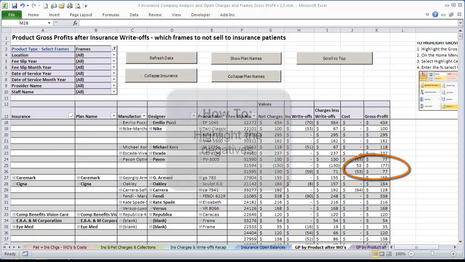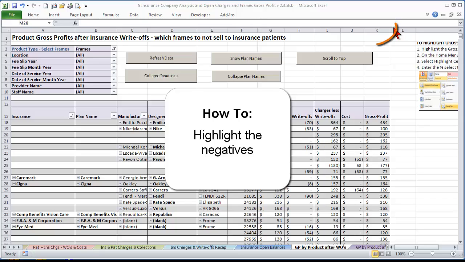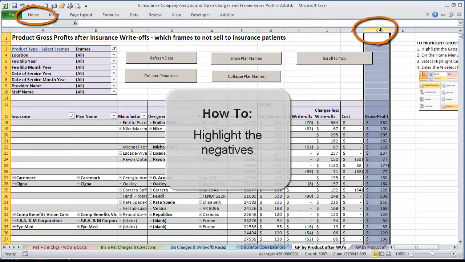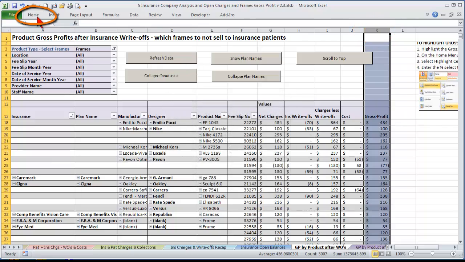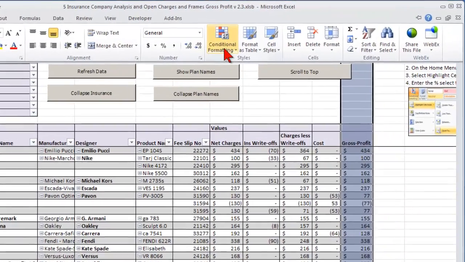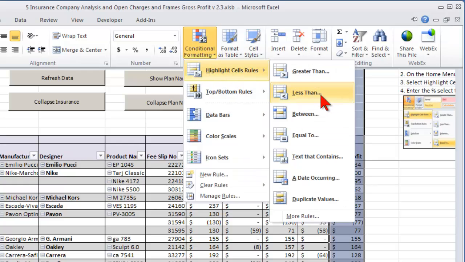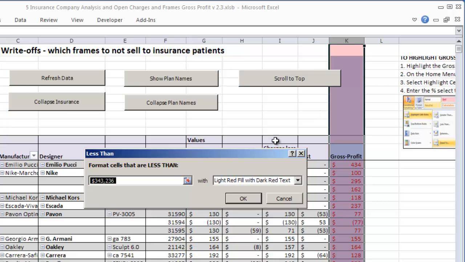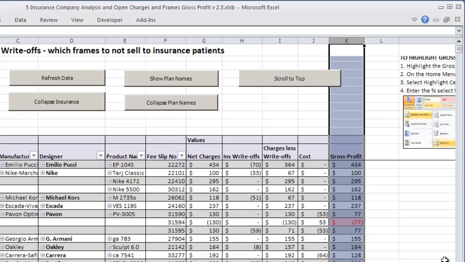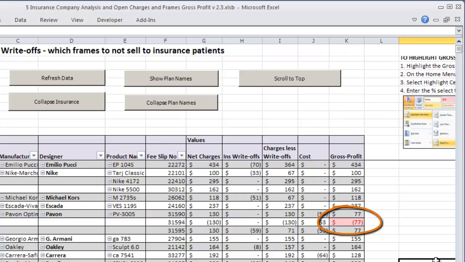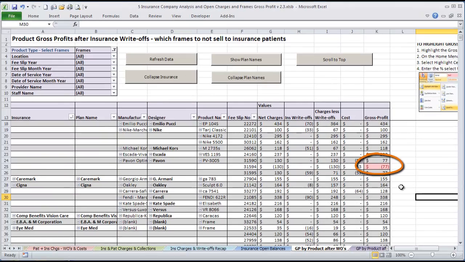To highlight the negative and make it easier to read, click the column heading. On the home menu, select conditional formatting, highlight cell rows, less than, enter 0. All negative profits will now be highlighted.